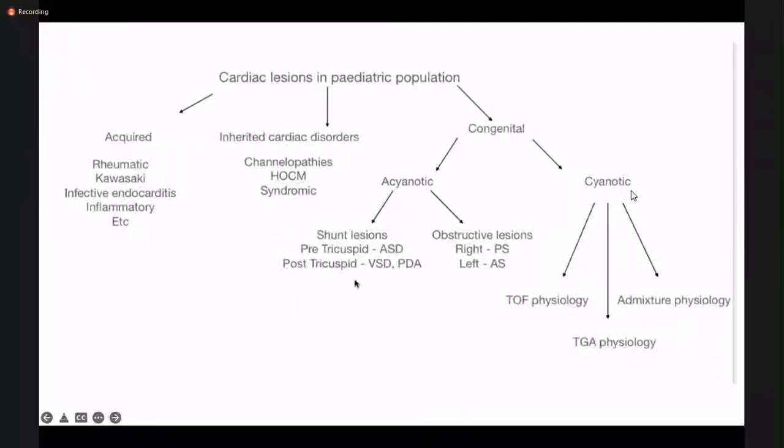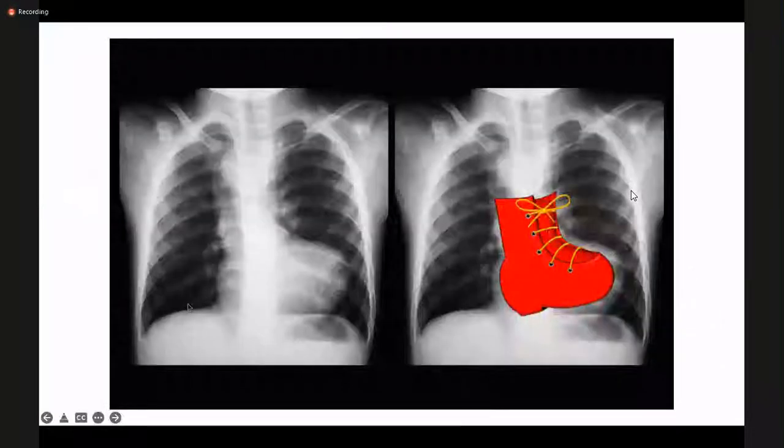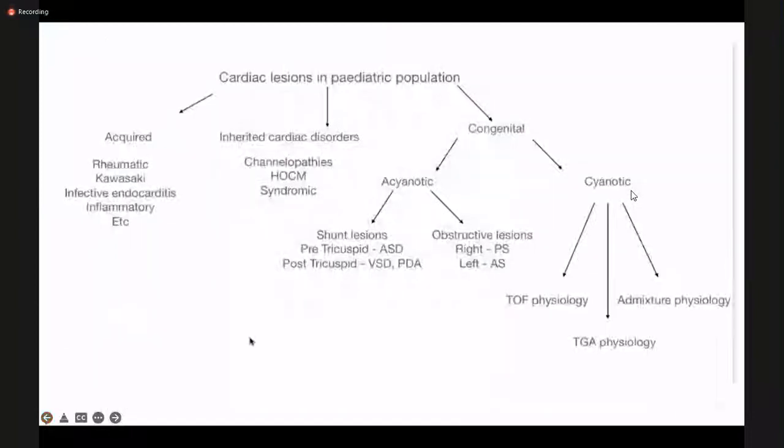Acyanotic, you have shunt lesions like VSD, PDA, ASD, and you have obstructive lesions like aortic stenosis, pulmonary stenosis. Whereas in cyanotic conditions, you have tetralogy of Fallot, transposition of great arteries, and other admixture physiologies. Are you clear? So you should have some broad idea about the cardiac condition, cyanotic and acyanotic, and the problems.